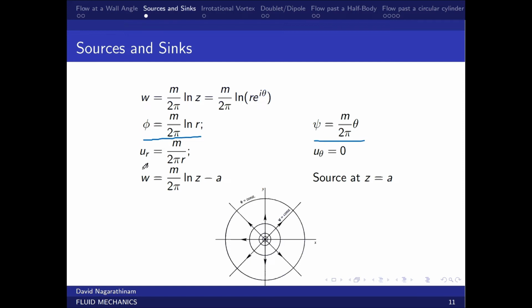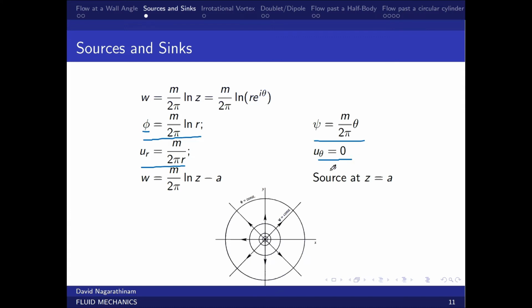The radial velocity component then becomes of the form shown here. Upon differentiating phi partially with respect to r, we get m by 2 pi r. Now upon differentiating phi with respect to theta, because there is no dependence on theta, u theta becomes equal to 0.